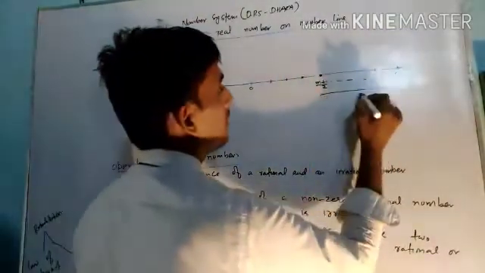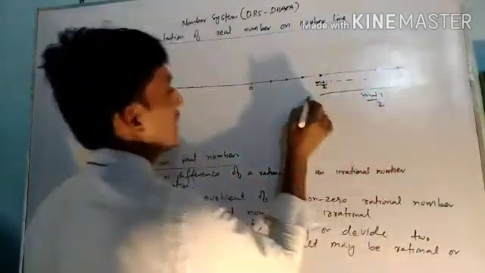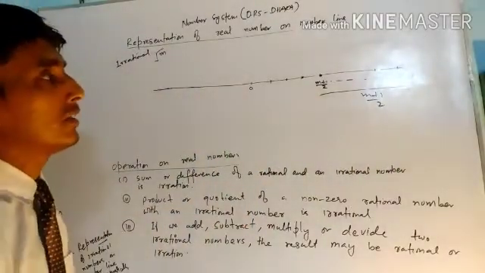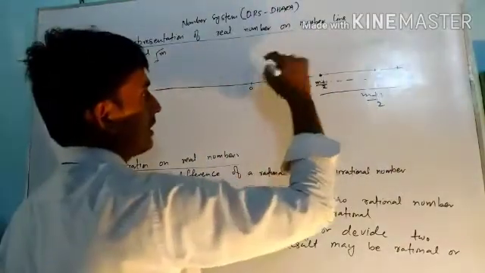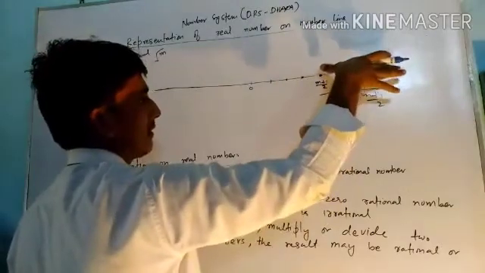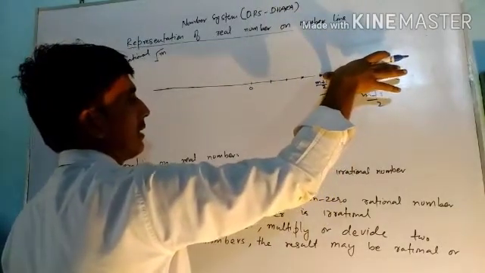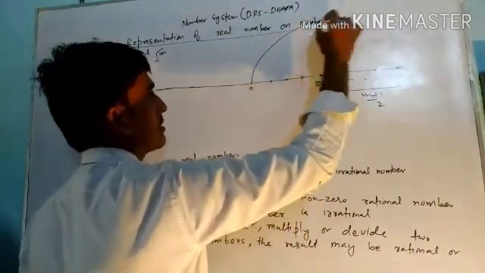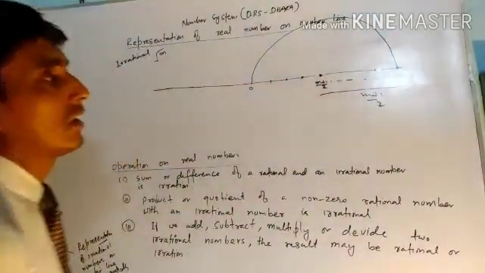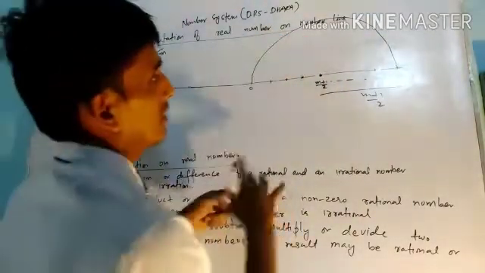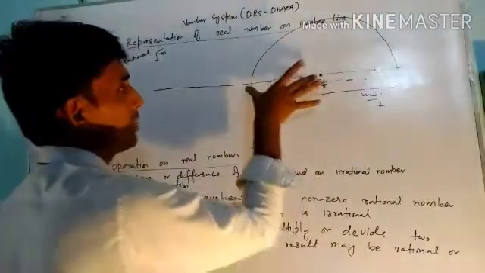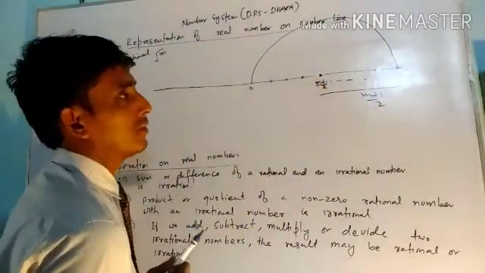So now, taking a radius equal to this m plus 1 by 2, you will draw a semicircle. So the radius of this semicircle is m plus 1 by 2.